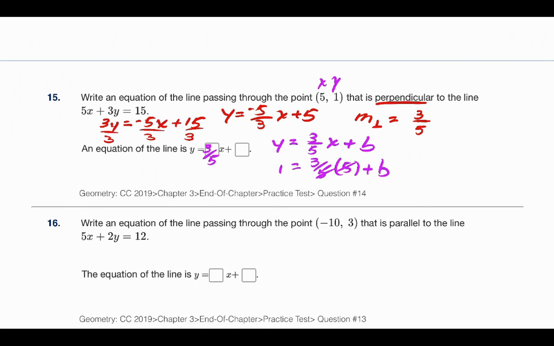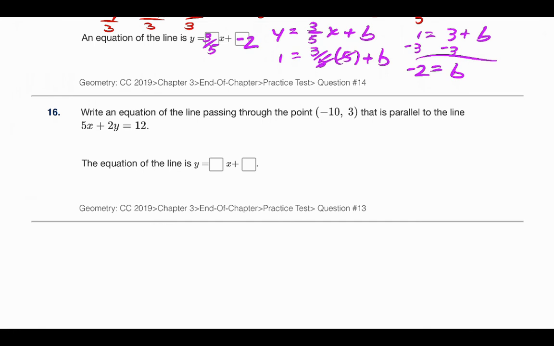Or you can just cross those out because you have a 5 on the top and a 5 on the bottom. So we'll get that 1 is equal to 3 plus b. To get b by itself, you're going to subtract 3 on both sides. We'll get that b is equal to negative 2. So the equation of your line is y is equal to 3/5 x plus, and then you're going to put a negative 2 there.